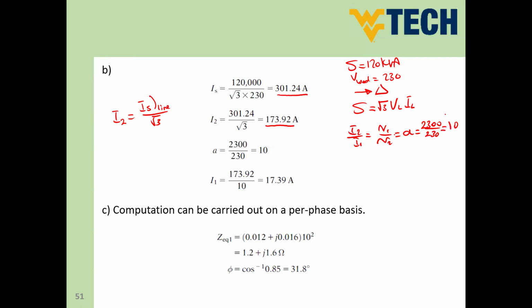So we can say now I2, which we already got, is the secondary side current. So I1 equals I2 divided by A. So I2 is 173 divided by A, so it would be 17.39 amperes. So this is the phase current of the primary winding.